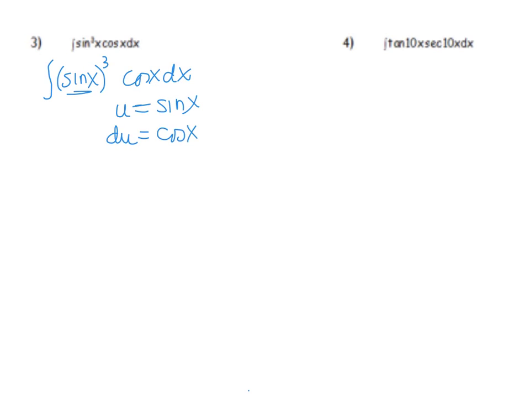Example number 3 has sine to the third power x cosine x dx. So remember that we can rewrite that as sine x to the third cosine x dx, right? And since this is the part in parentheses, we're going to let u be sine x. Okay, and so du would be cosine x dx.